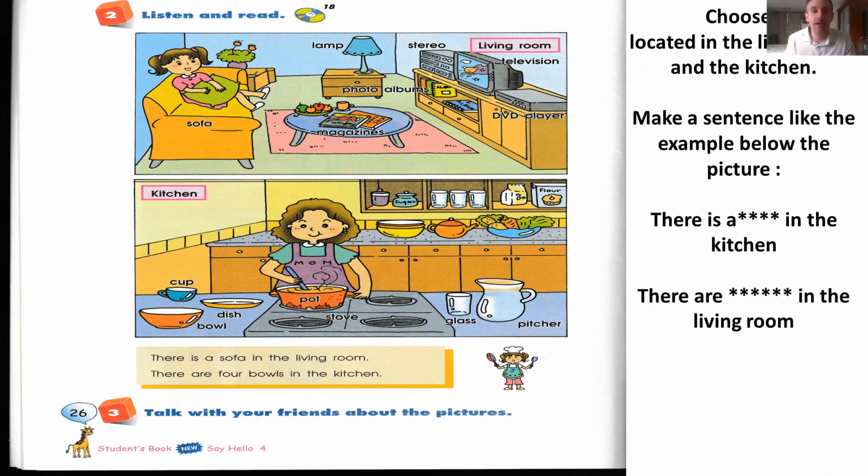Then you will make a sentence like the example below the picture: there is a, or there are, in the living room or the kitchen. So five sentences for each room, ten sentences in total. Five for the living room, five for the kitchen.